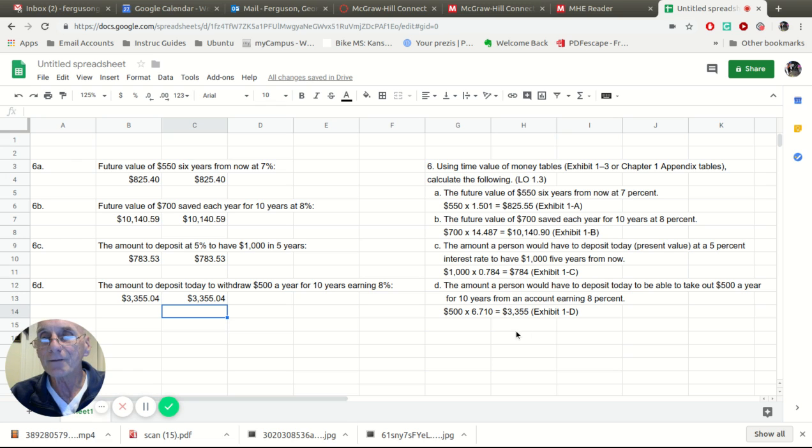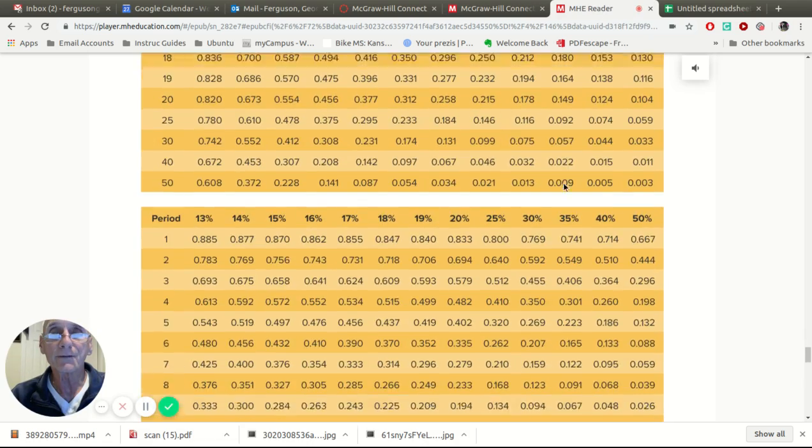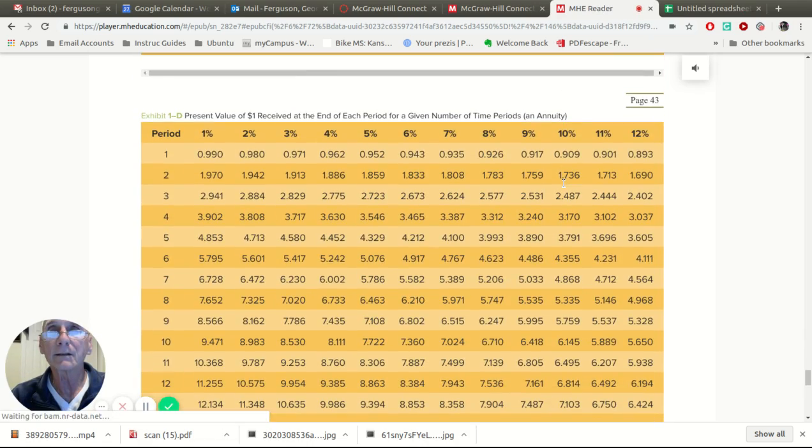Now in D, it's asking for the present value of an annuity. In other words, how much do I have to put away now so that I can take out $500 a year for 10 years? And I'm going to get 8% on my money. So we go to table 1D, present value of an annuity.